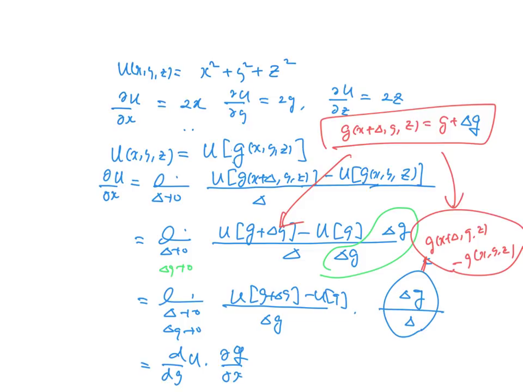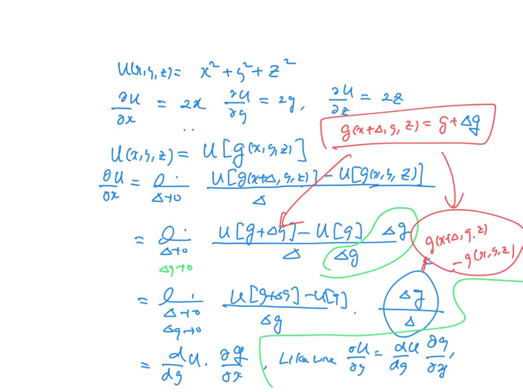So likewise, partial u over partial y is du/dg times partial g over partial y. Partial u over partial z is du/dg times partial g over partial z. This is called the chain rule. Anybody remember that? Raise your hand.